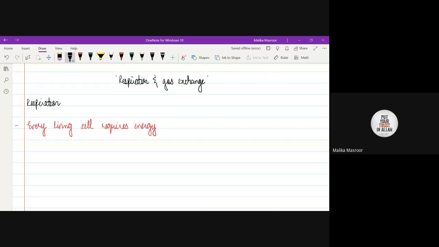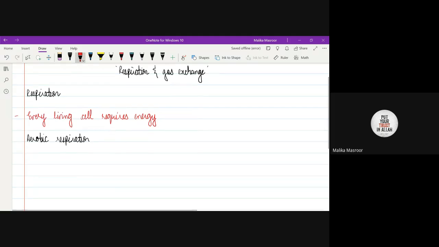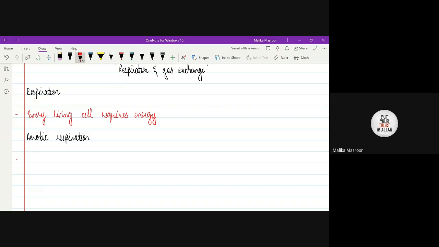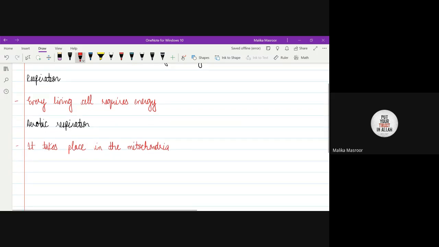Now we have different types of respiration. Firstly, we'll be talking about aerobic respiration. In aerobic respiration, cells release energy from glucose by combining it with oxygen, and it takes place in the mitochondria. What is the equation for it?